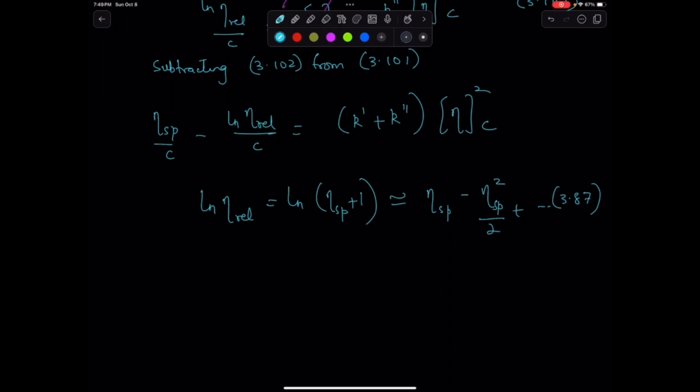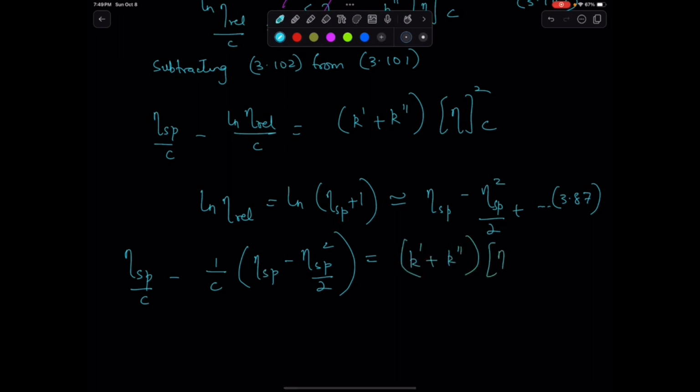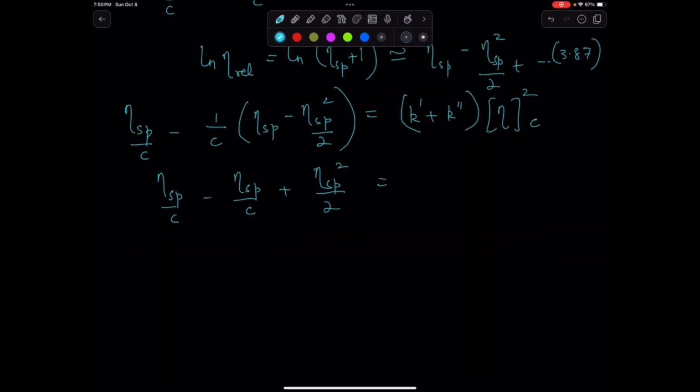So plugging this in the previous equation, we can say eta specific over C minus 1 over C times eta specific minus eta specific squared over 2 equals K prime plus K double prime times eta squared C. So we can cancel this.